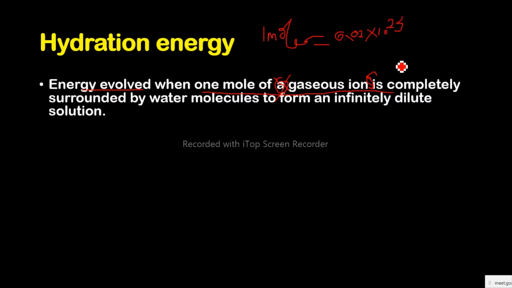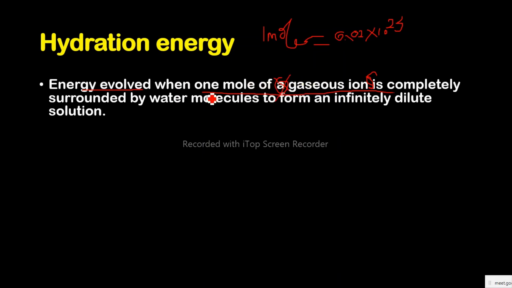Now if they are ions, then it means they are 6.02 times 10 power 23 ions. That's 1 mole. So if you say 1 mole of a gaseous ion, this one is wrong. That is not chemistry. If you want to use a gaseous ion, then don't write mole. If you want to use mole, then write mole. I emphasized this when we were studying the ionization energies and electron affinities, but this was just a mistyping. It was a mistake.